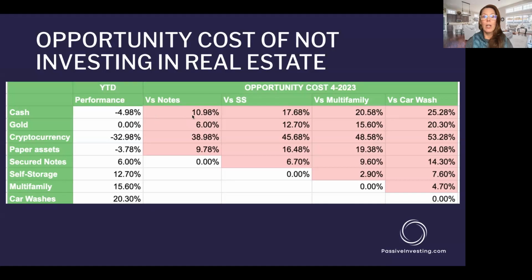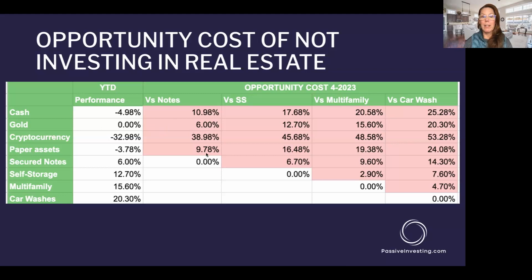Right now, if you're not in a secured note, you're potentially losing 10.98% not being in a secured note. Let's say you actually are at net zero and you have your cash sitting in a money market account earning 4.5%. You're still losing 6%. You still have a 6 or 7% opportunity cost.